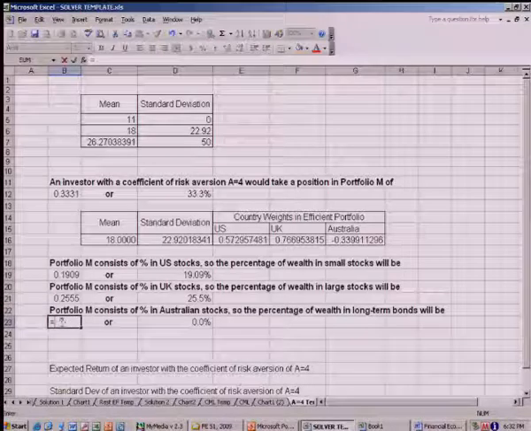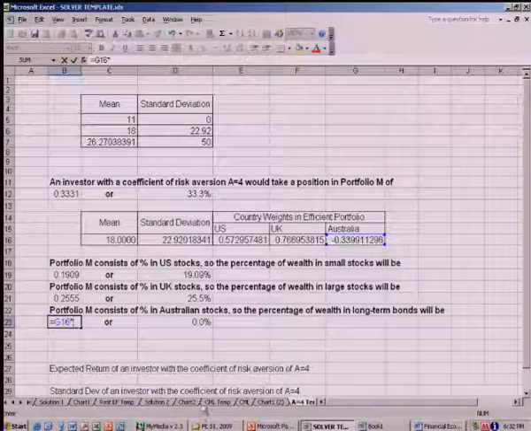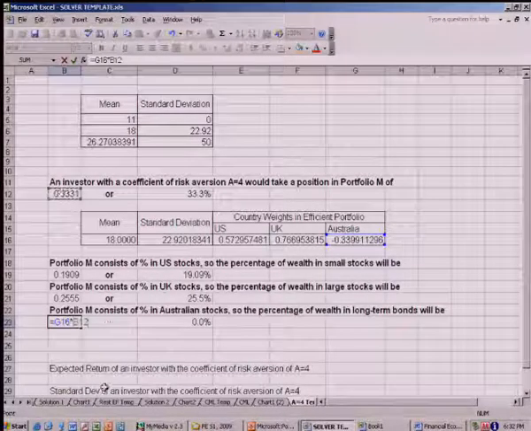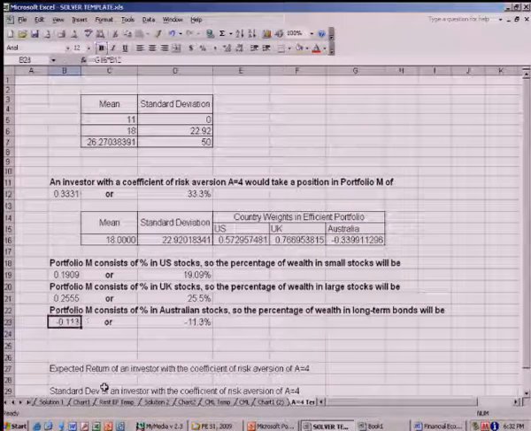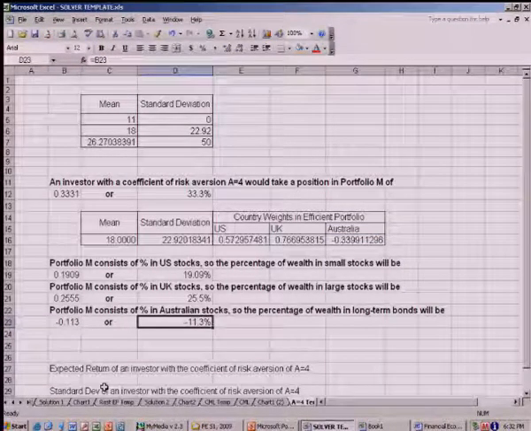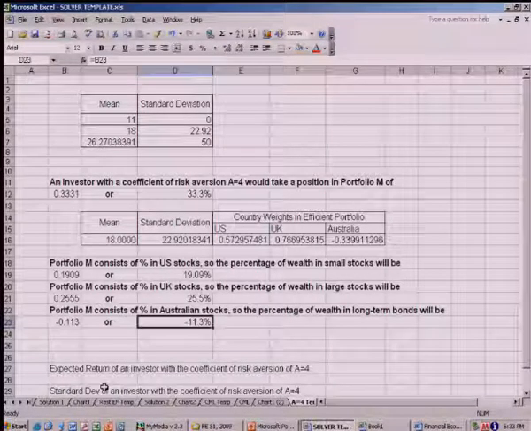And then for the Australian asset, you just multiply the weight on the Australian asset by the optimal proportion invested in the risky portfolio, and it tells you that in this case you will be short selling 11.3% in the Australian stock. Okay?